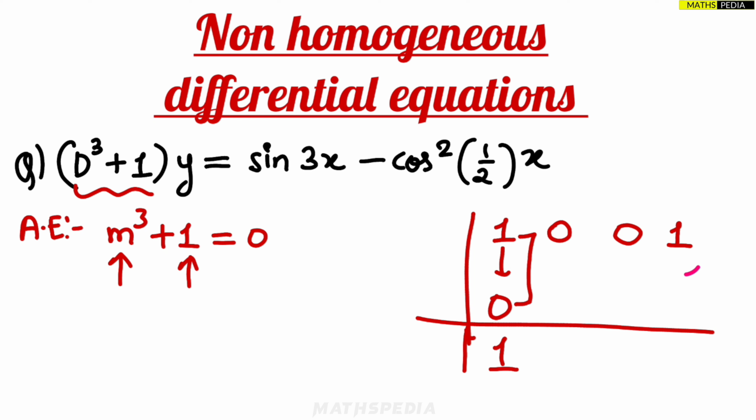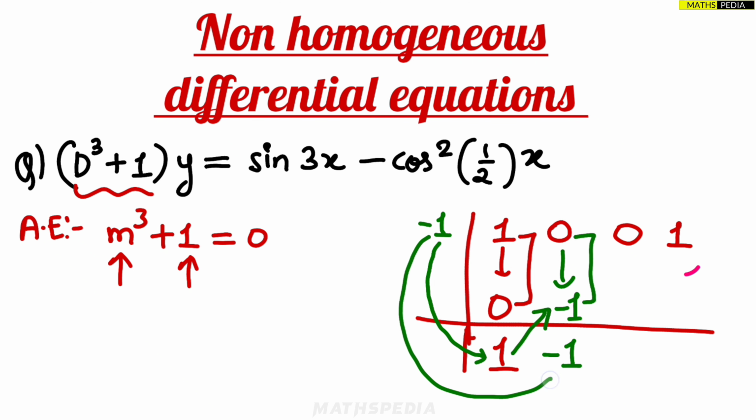So for that, we write minus 1 here, then minus 1 into this 1 is minus 1, put it below 0. Add: 0 minus 1 is minus 1.